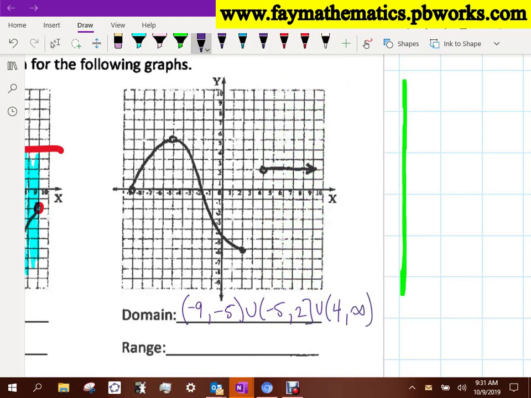Okay? Now as we do the range, we're going to start with a horizontal line at the bottom. I'm going to start passing it through. Where's the first place that I pass through? -6. Okay? So we include -6.